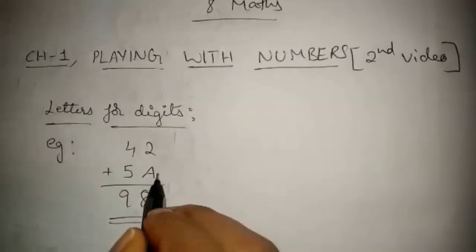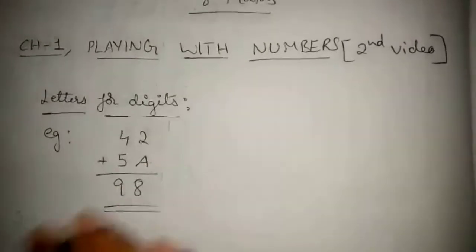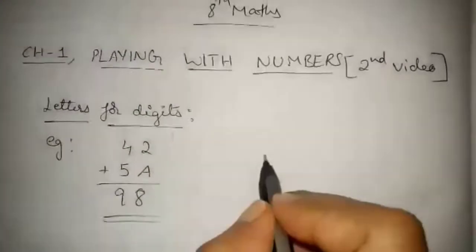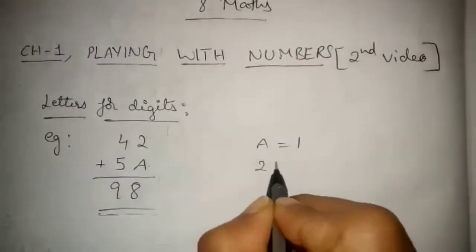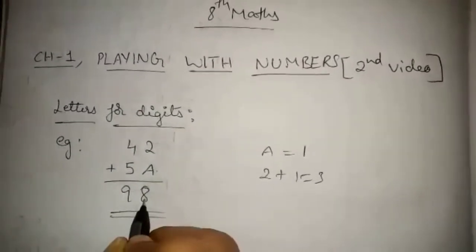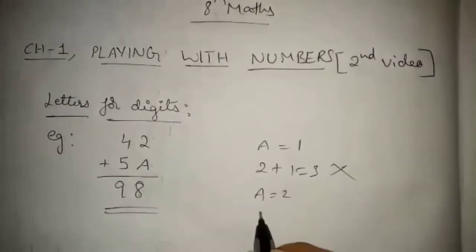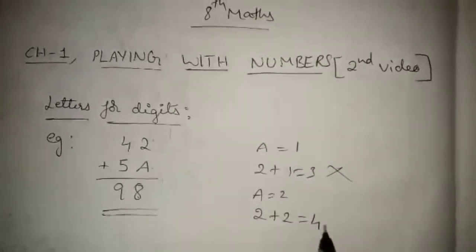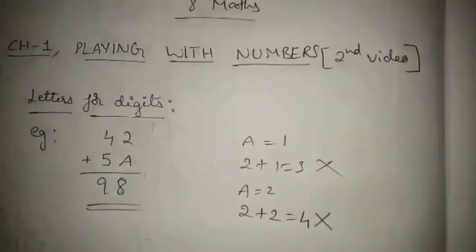So what will a be? What is the value of a? You have to find out. How will you find? Just check. If you put a is equal to 1, what will it be? 2 plus 1 is 3. So the answer should be 8. So it is not. Then a is equal to 2. 2 plus 2 is 4. This is also not right. Just think about it.